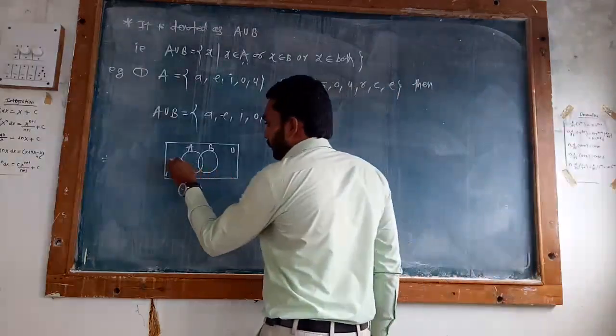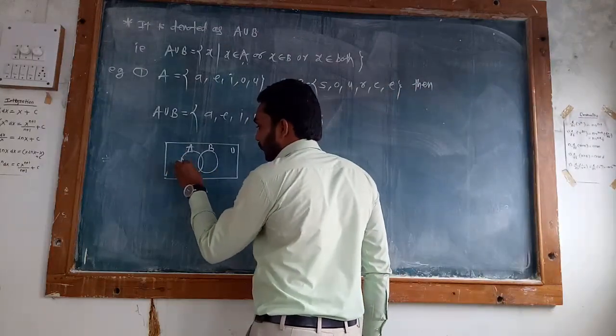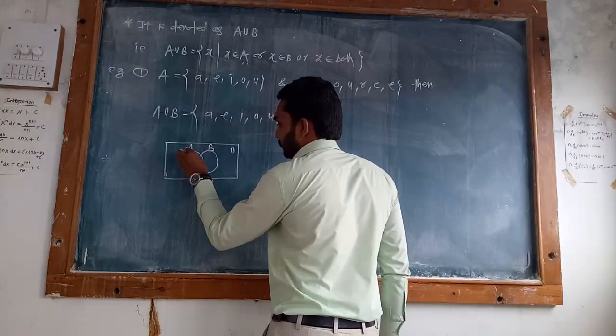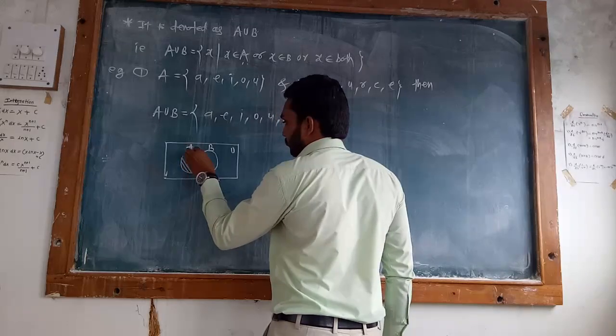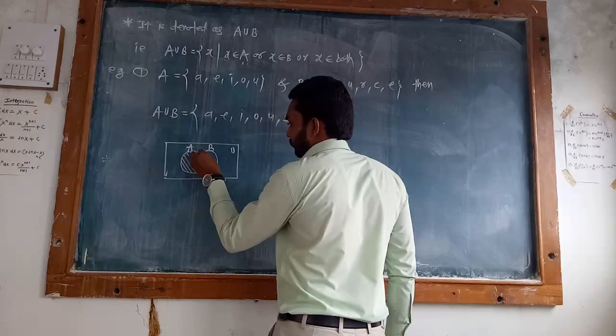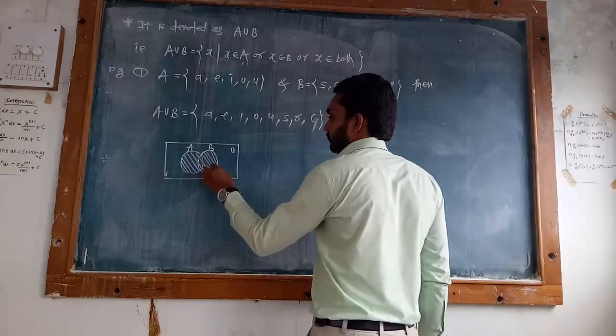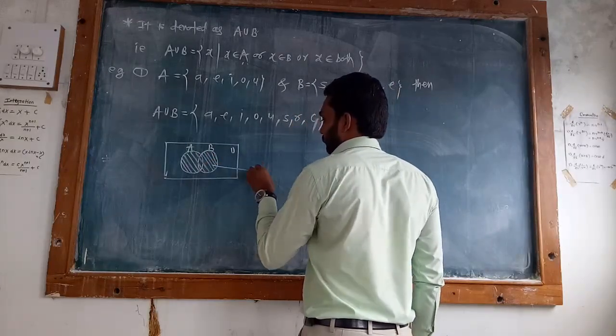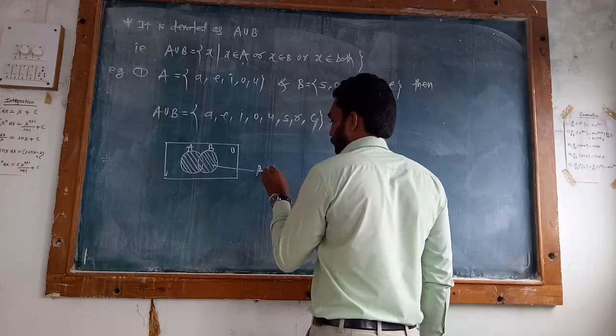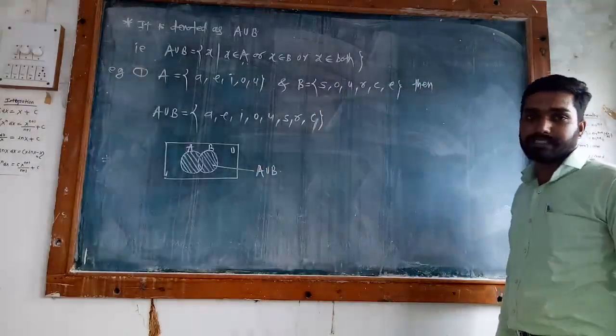Your A union B is this full region. This is your A union B region.